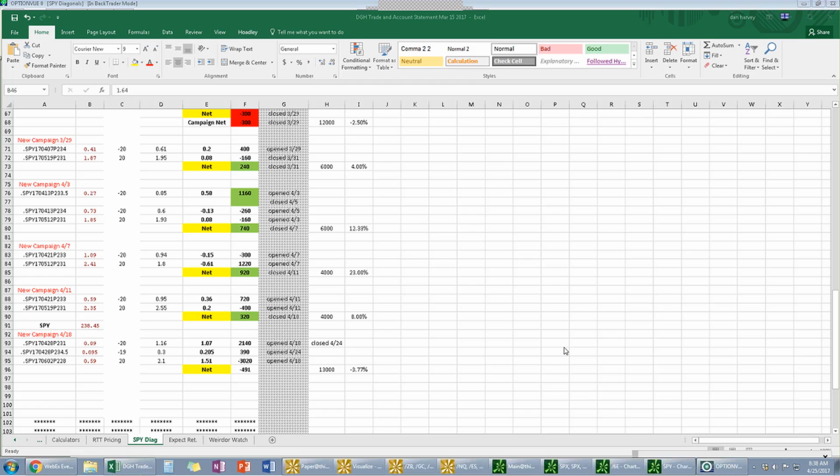This has been a work in progress, but I've now settled in on the configuration and the strike separation and the way to monitor the trade and the way to take profits and minimize losses. So that's what I plan to do going forward if we are able to continue the service.